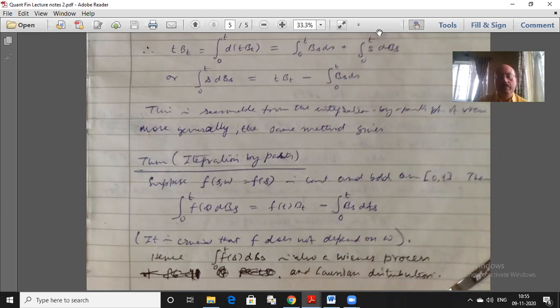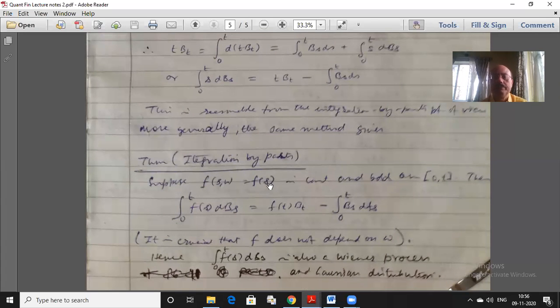This is an example, but I can actually generalize this in the following way, which we state as a theorem. This theorem is the integration by parts result: suppose I choose a function f(s, omega) as a deterministic function, only a function of s. So f(s) is just a function of s.